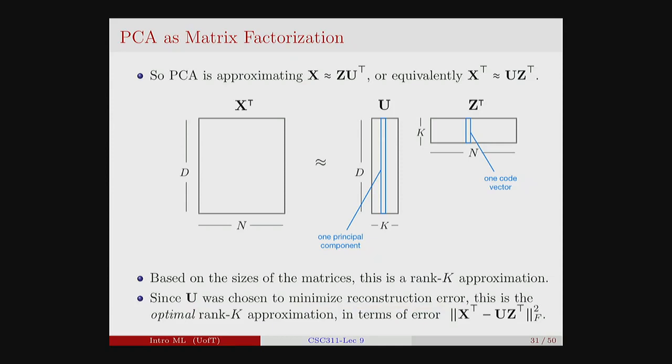It was chosen on the basis of some objective function, in this case reconstruction error. We say that U and the solution to PCA is the optimal rank K approximation in terms of this objective function. So PCA is finding a rank K approximation to our data matrix based on minimizing the Frobenius norm between the original data matrix and its rank K approximation.